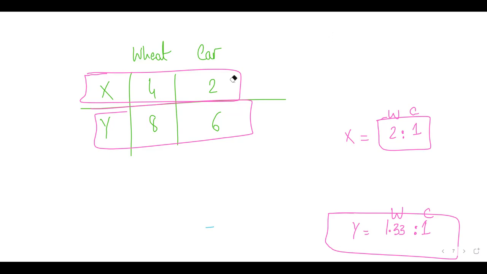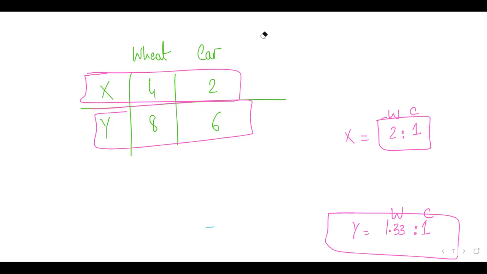Why does it have absolute advantage? Wait, the absolute advantage part is clear. Whichever country needs fewer resources to produce something is the country that has absolute advantage.